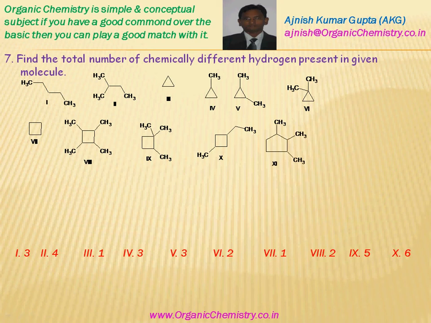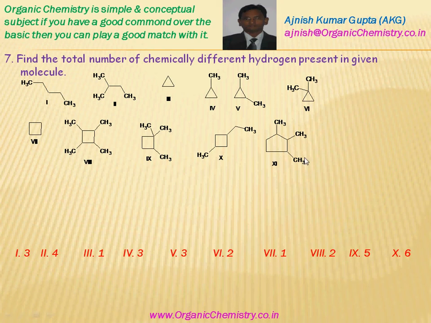For this molecule, analyze carefully this CH3 and this CH3, whether they have the same environment or different. This CH3 is attached to the ring, one side carbon with methyl, while the other side carbon has no methyl. But for this carbon, both sides have carbon with methyl group.